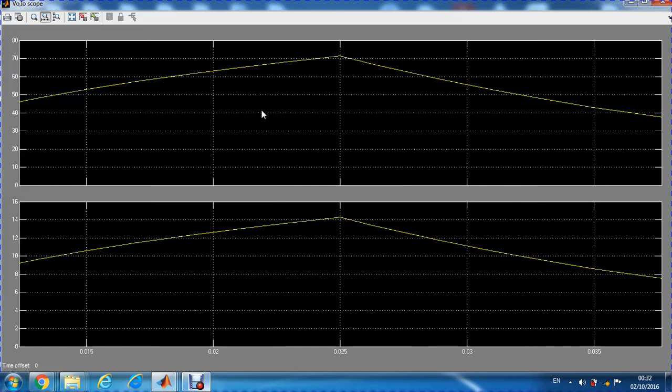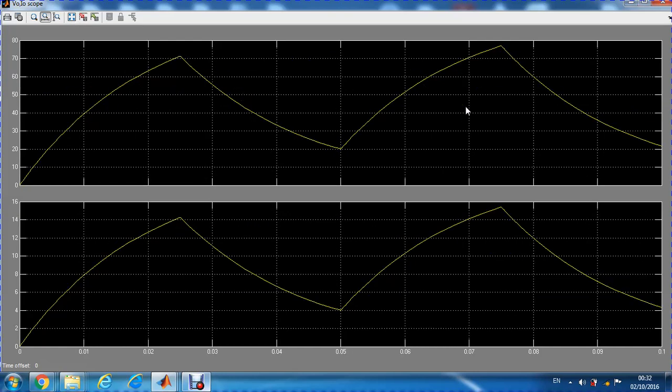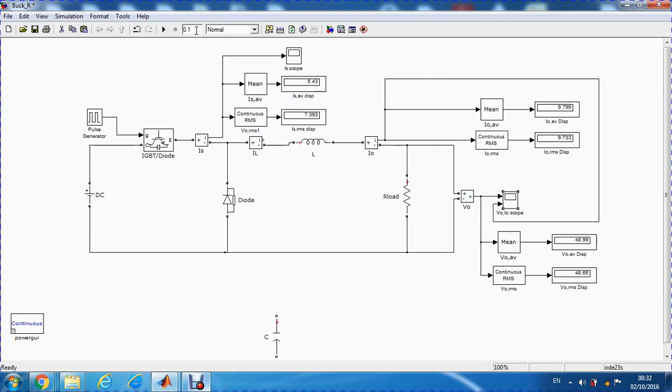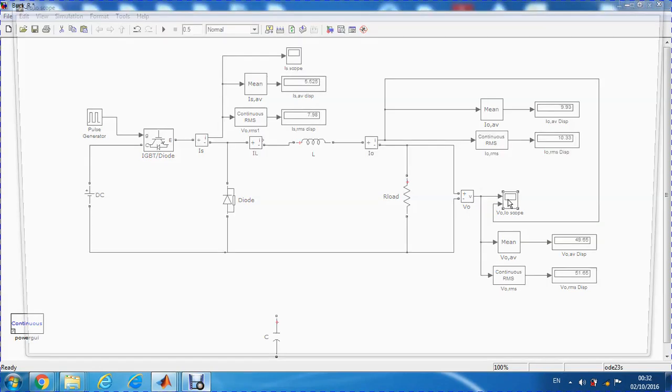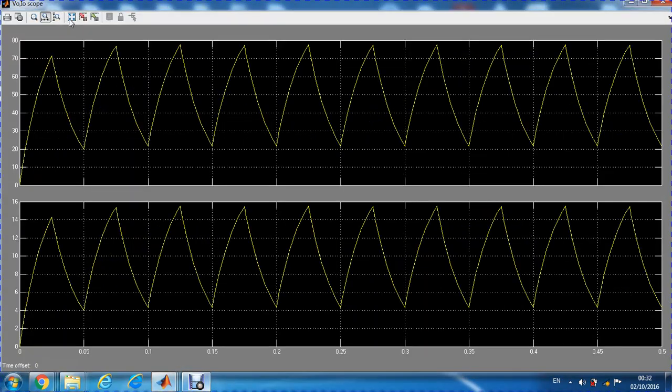All right, what I'm gonna do is, because I think the period of running the simulation is too small, I will increase it to 0.5 and see what's gonna happen. It's gonna increase a little bit, but I think we will have a better view on the cycles.